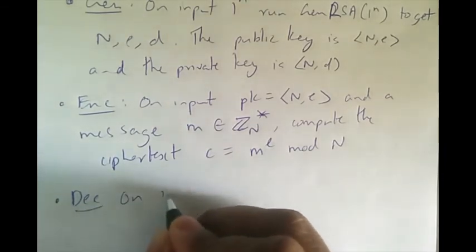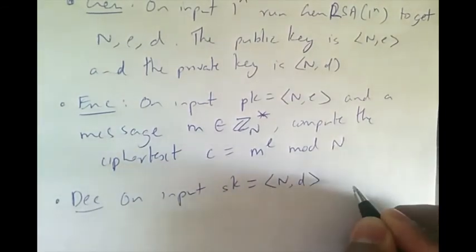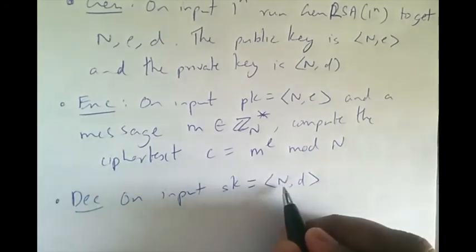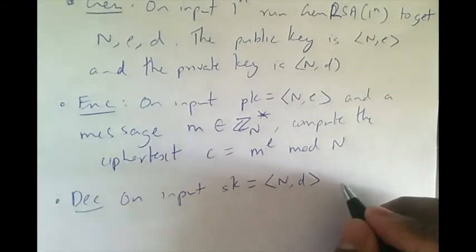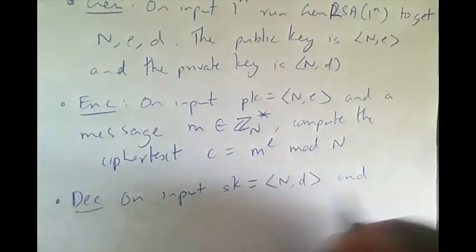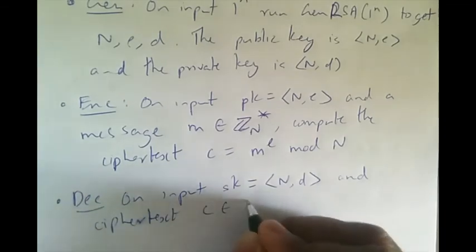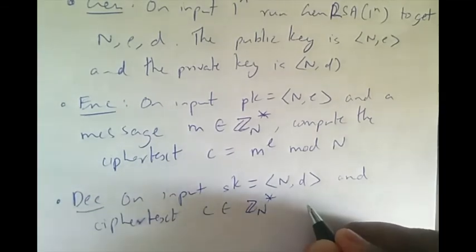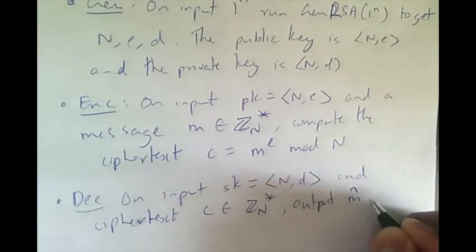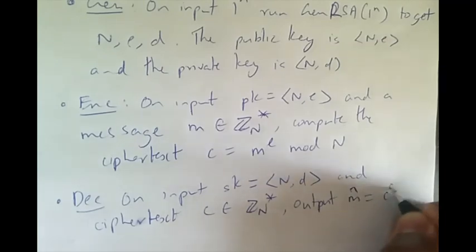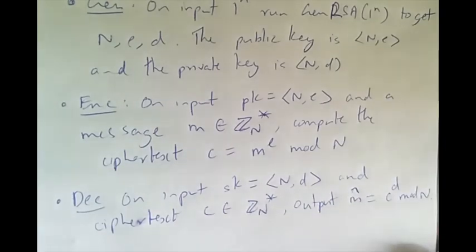It will use the ciphertext and the secret key, which consists of N and D. So in fact, N is public. The secret part is the decryption exponent D. And given a ciphertext C in Zn star, output M hat as C to the D mod N. Okay.